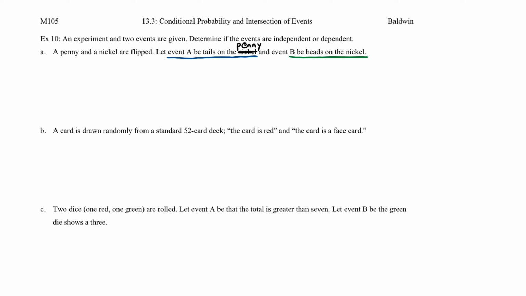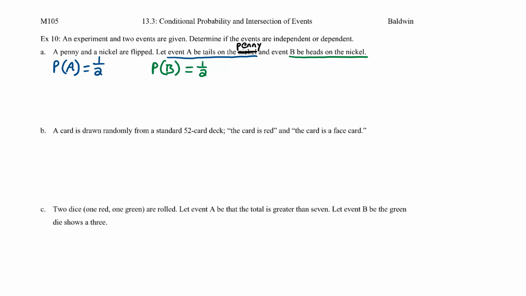So the probability of event A happening, the penny landing on tails, is 1/2. The probability of the nickel landing on heads is also 1/2.